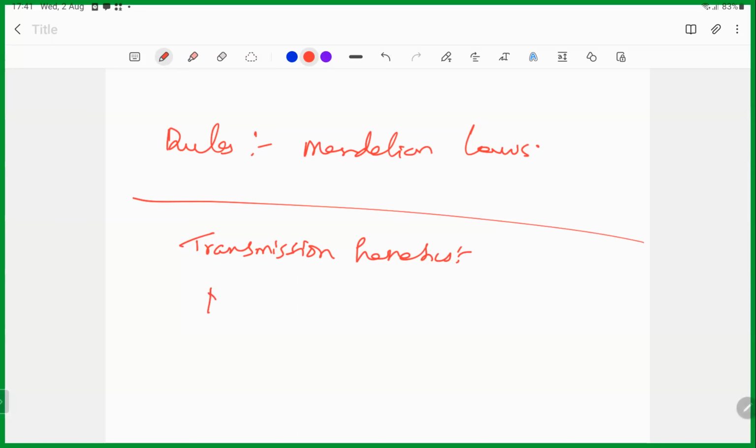And the second one is called what? Molecular genetics. What is molecular genetics? Study about the molecules which are responsible for inheritance. And what molecules are you going to know?